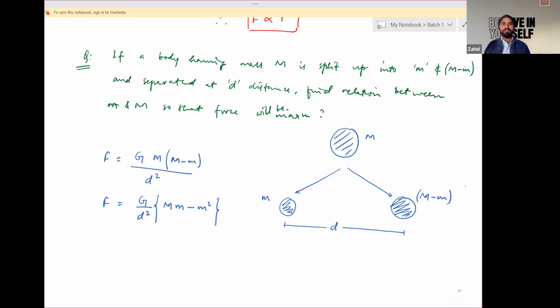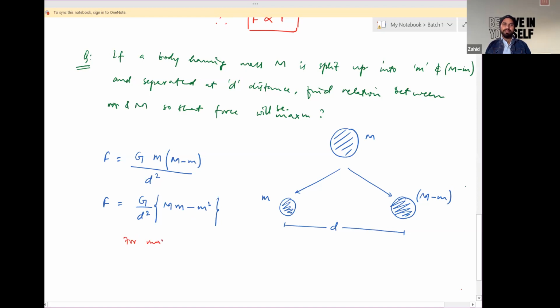So in this part, to find the maximum value of force, the differentiation of force with respect to the variable on which it depends should be 0. Here force depends on small m, which is variable.